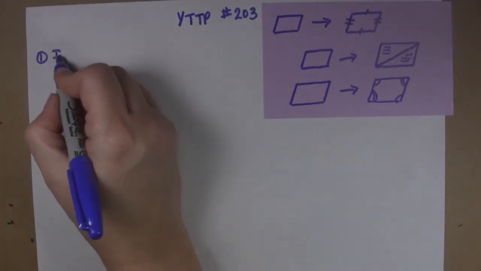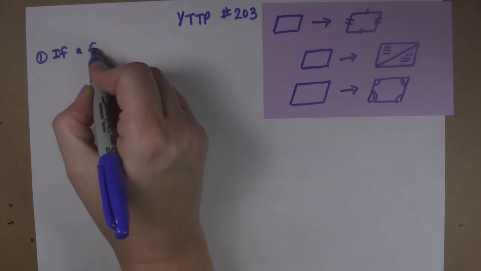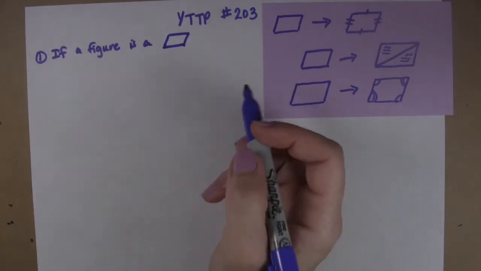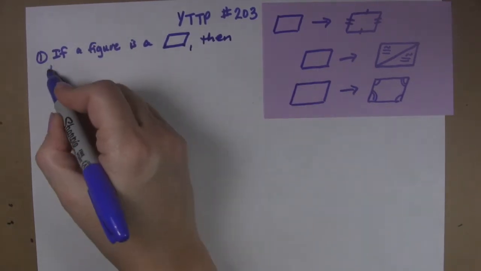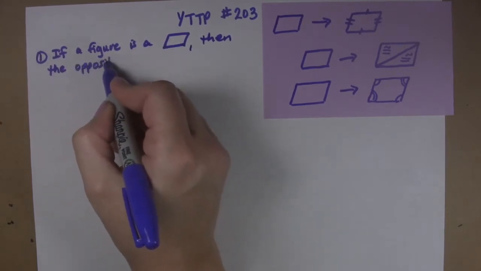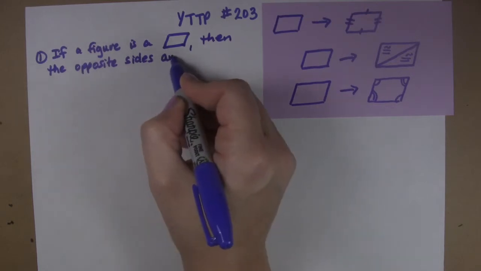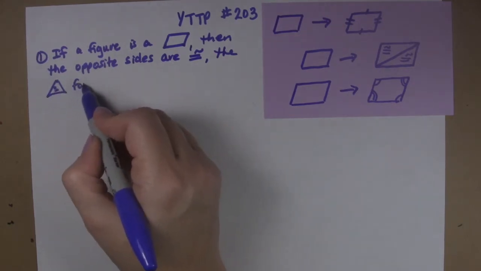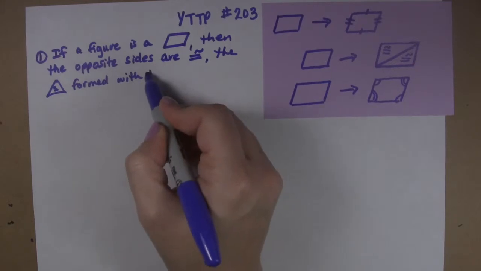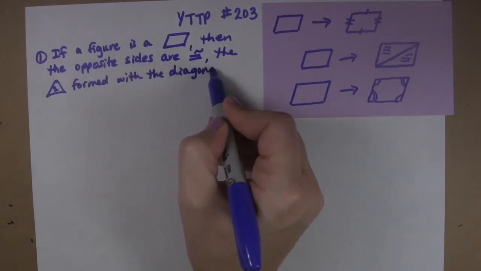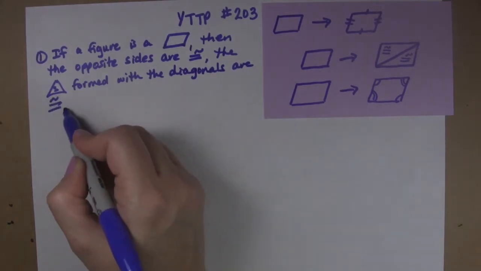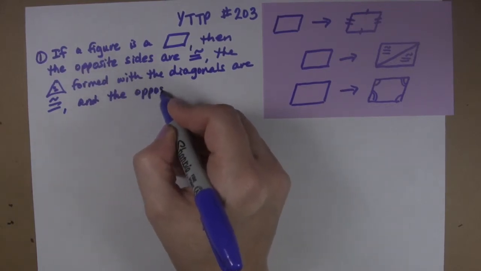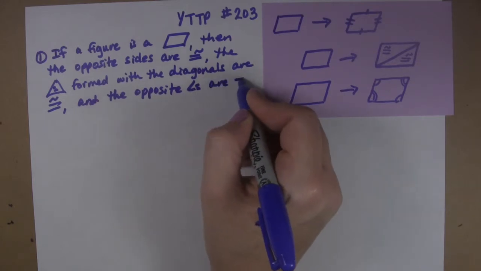So, it says, if a figure is a parallelogram, I'm not going to spell it, then the opposite sides are congruent, the triangles formed with the diagonals are congruent, and the opposite angles are congruent.